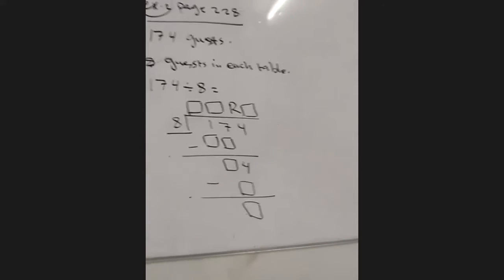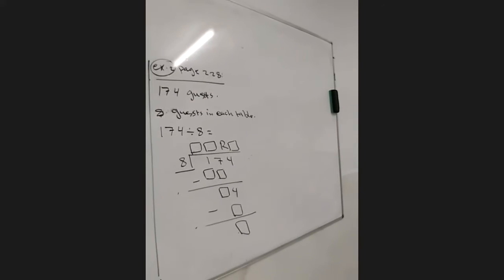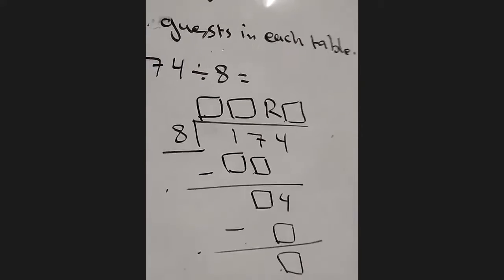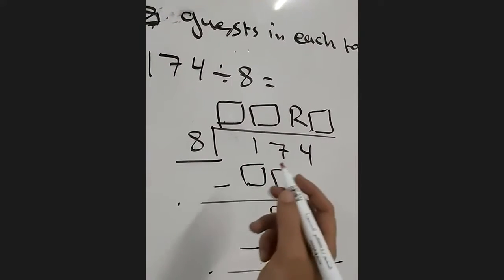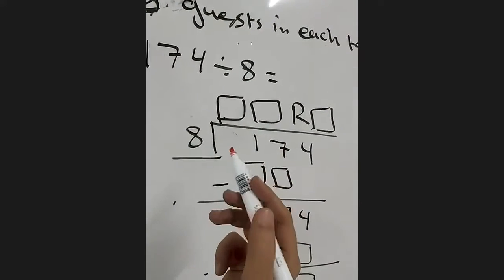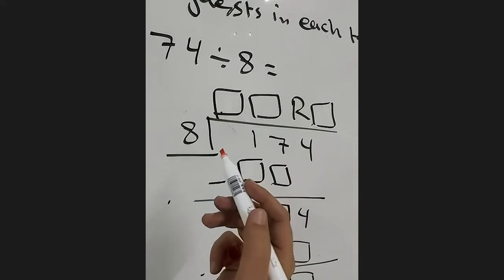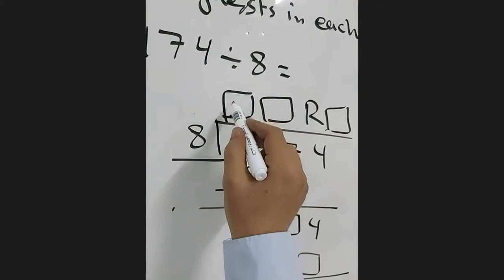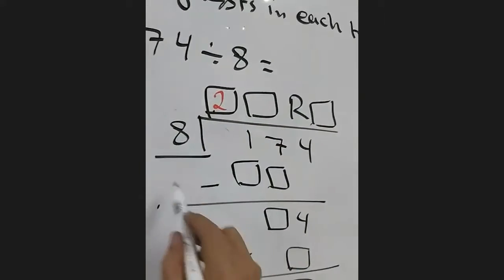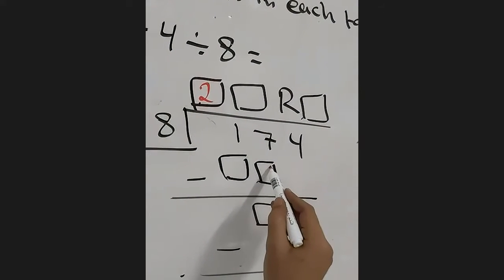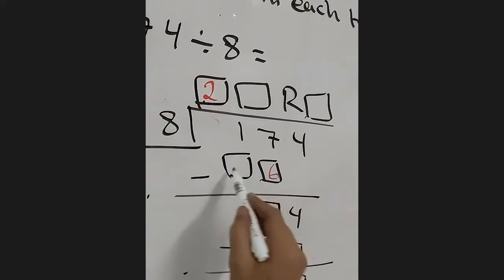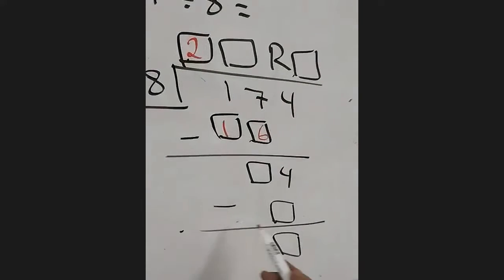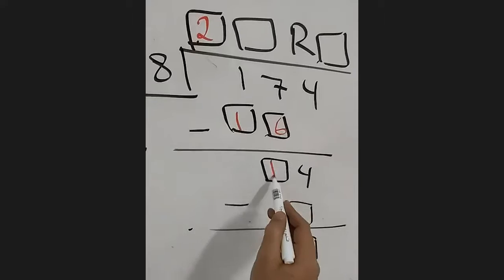Now let's fill the squares together. 1 divided by 8 we cannot, so we take 17. 17 divided by 8, the nearest is 8 multiplied by 2. Excellent. 2 times 8 is 16. Subtract: 17 minus 16 is 1.